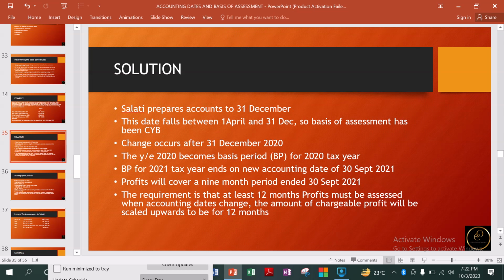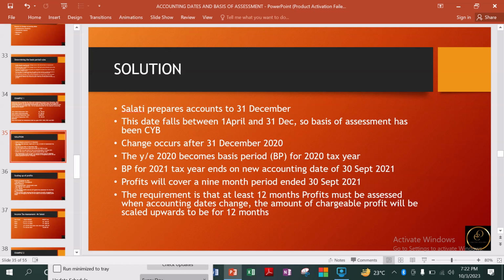The year ended 2020 becomes the basis period for the 2020 tax year. The basis period for the 2021 tax year ends on a new accounting date, which is 30 September 2021. Okay, now this is 9 months. So that's why I was saying profits will cover a 9-month period ended 30 September 2021.